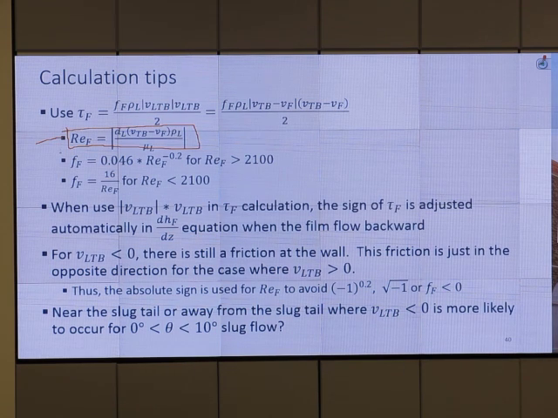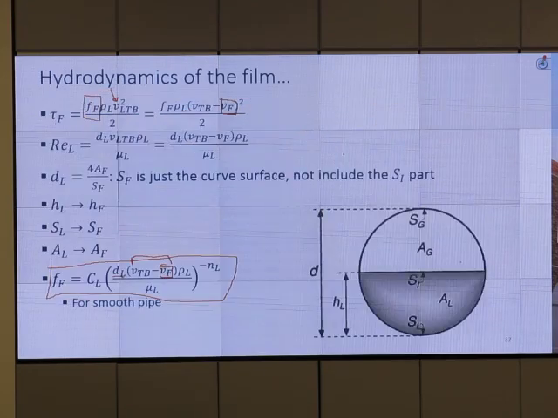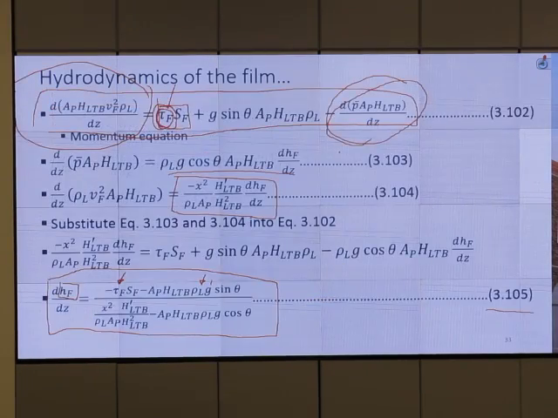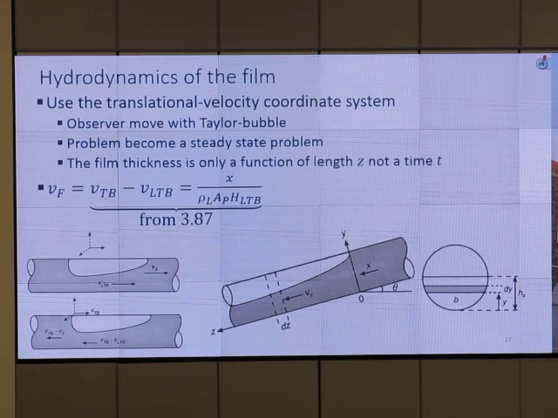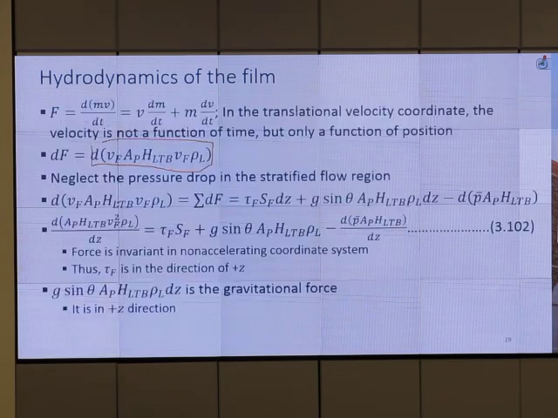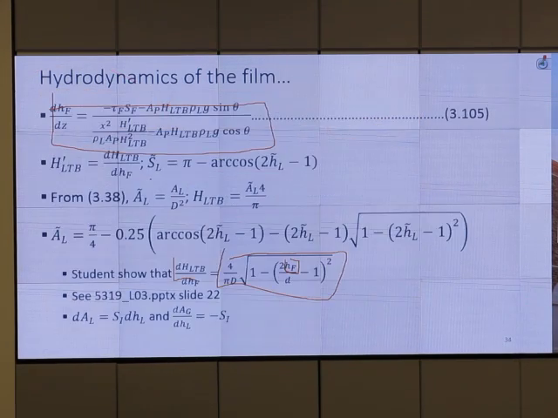Not that, the VTB minus VF. So we have VF equal to what? What is our definition for VF? VF is VTB minus VRTB. So if we want VRTB, it is VTB minus VF, which is exactly what we put over there.